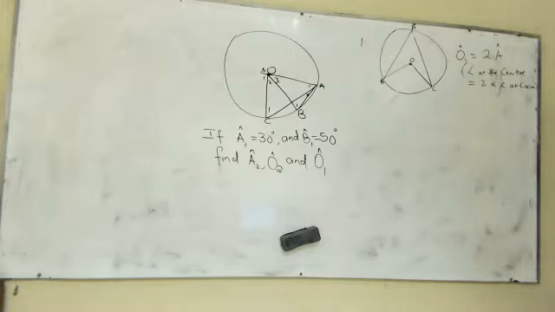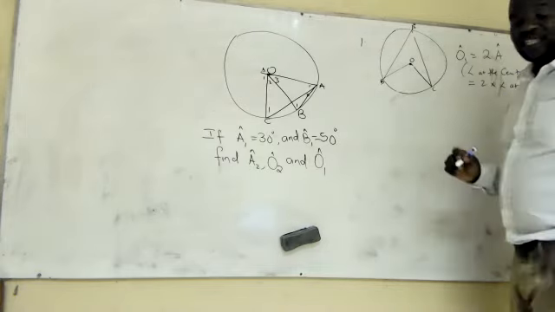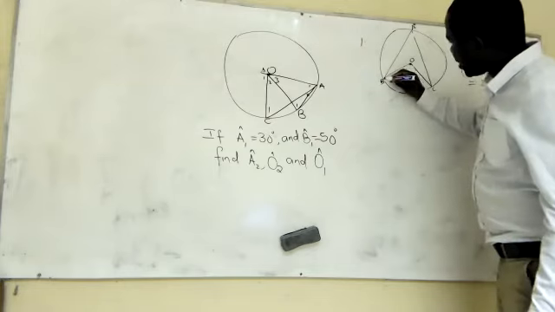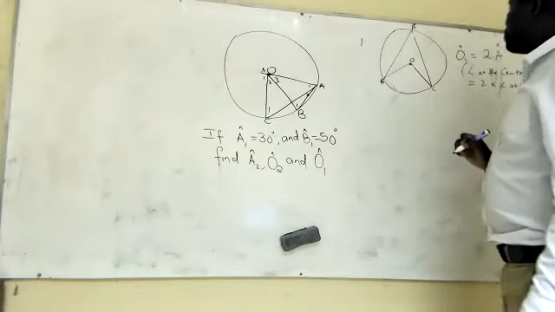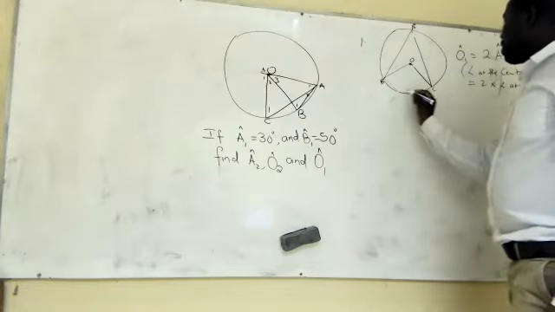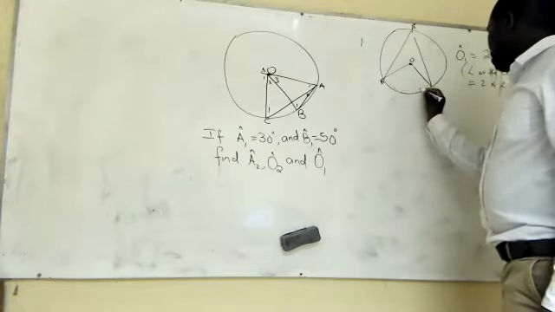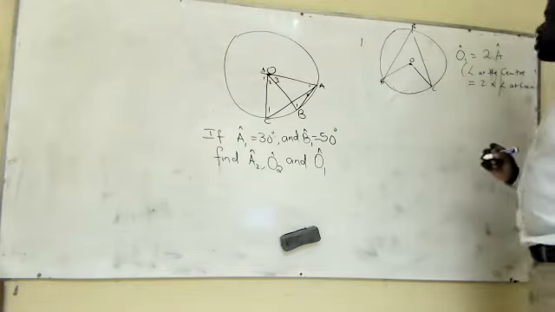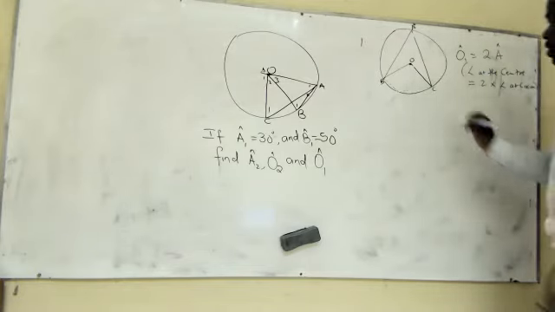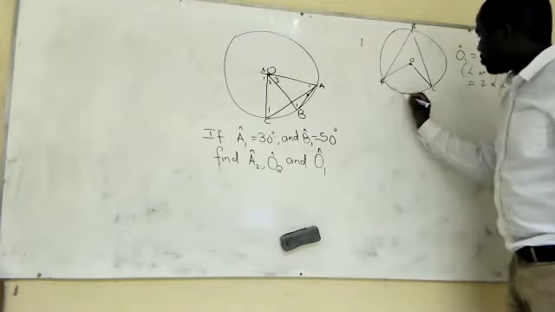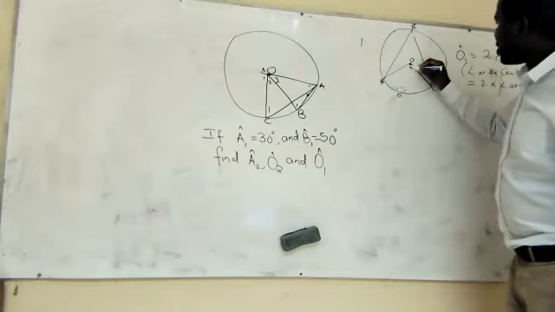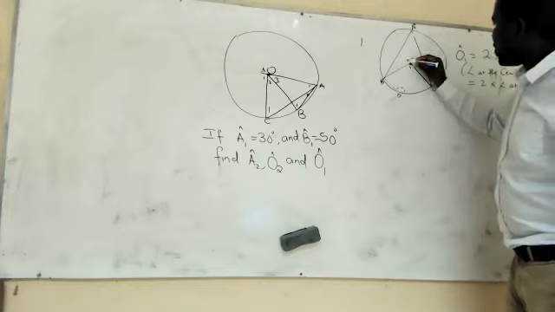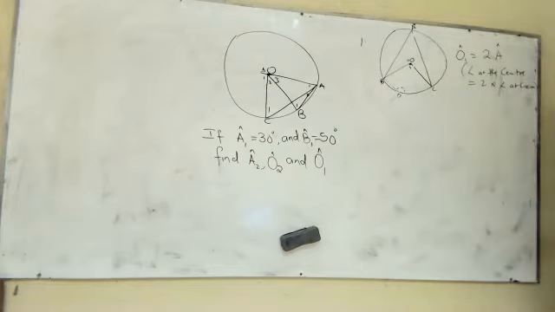But this theorem has an extension. What is the extension of that theorem? It's when we construct another line, from the end of this triangle joining the other end of the triangle like this. So we have formed another angle. Let me say this angle is angle D, and remember that we have O1, and now let me call this O2.